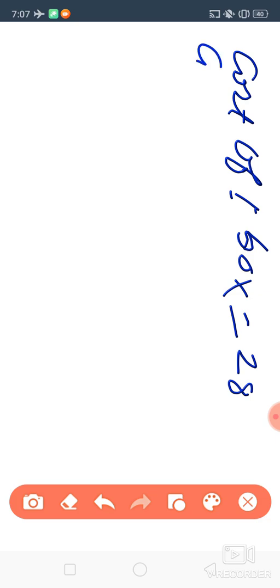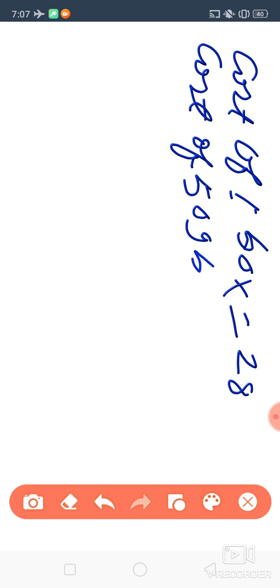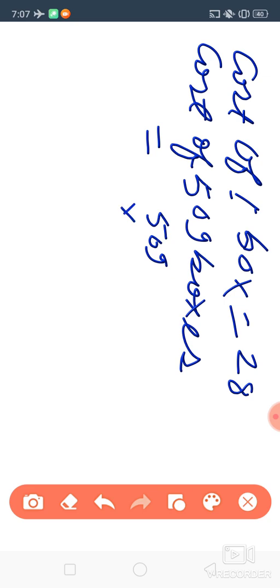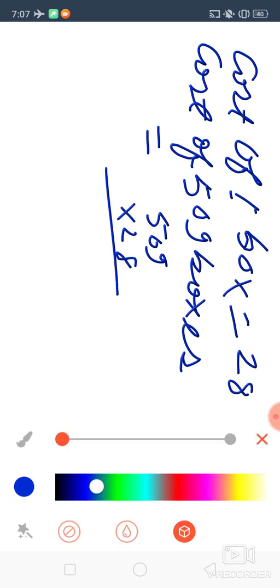So cost of how many boxes are there? 509 boxes. 509 boxes will be equal to what? Just we will multiply 509 into 28. Just multiply it.